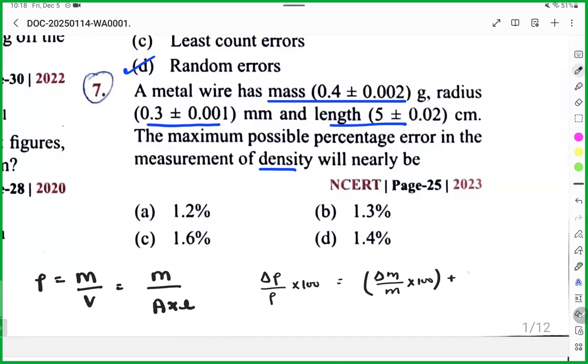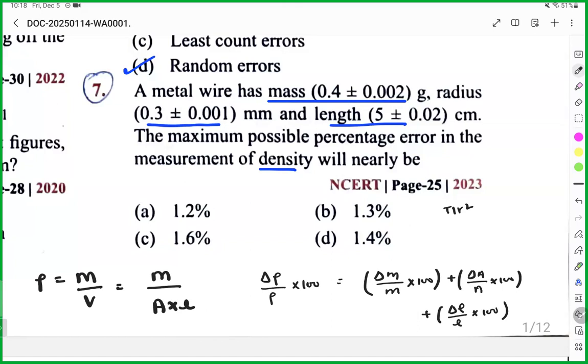Then for area, you have the radius, so for the wire you take pi r square, so delta A by A multiplied by 100, and delta L by L multiplied by 100. This is what you have to do. Understood? Percentage, so you have to take relative.